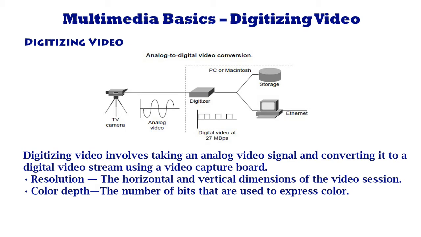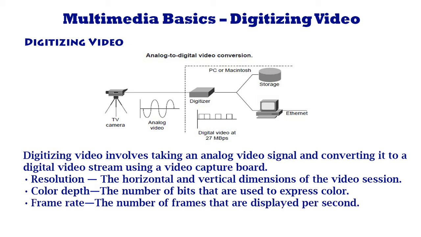The 8 bits are used to express color intensity from 0 to 255. Other common color depths are 16-bit and 8-bit, which yield roughly 65,000 and 256 colors respectively.